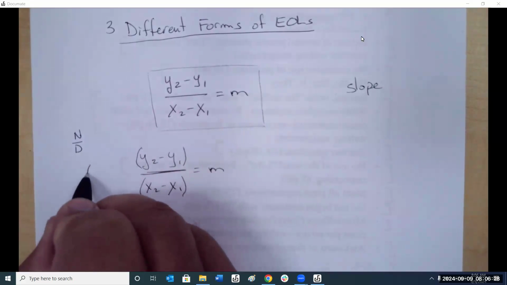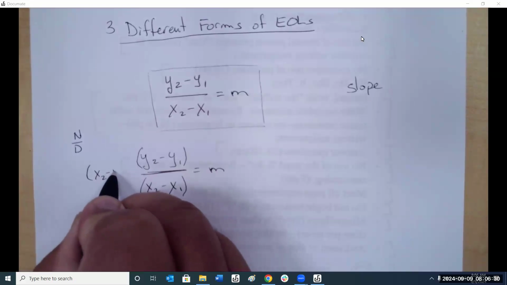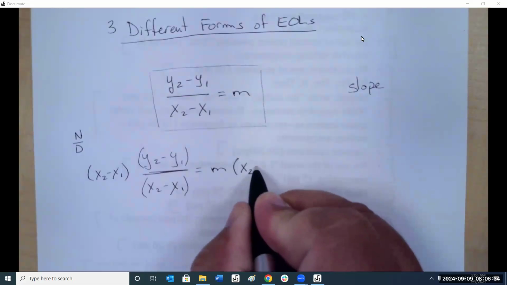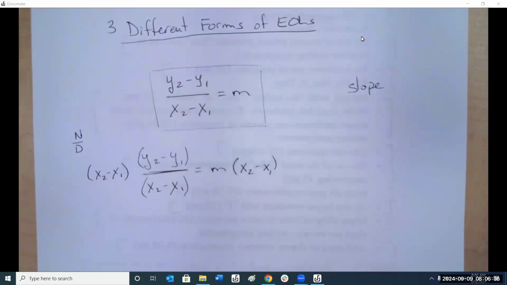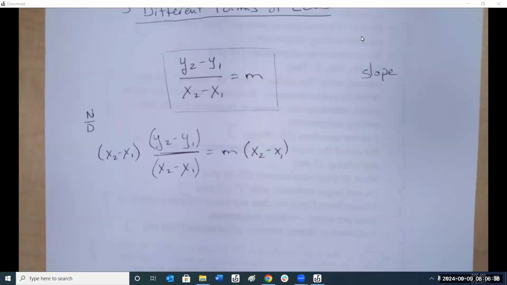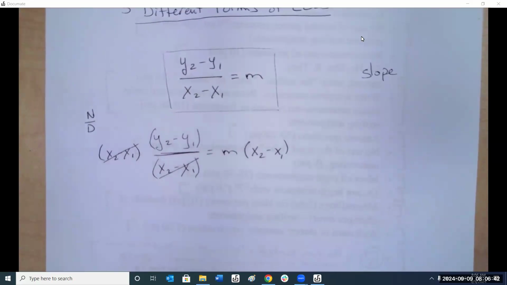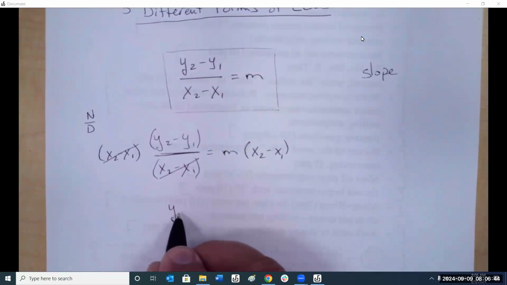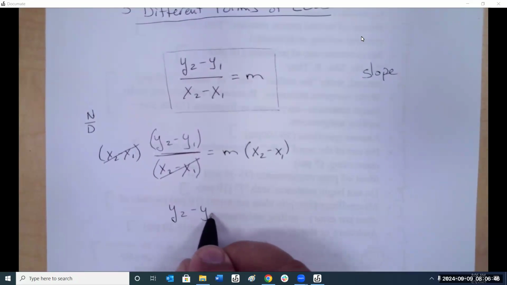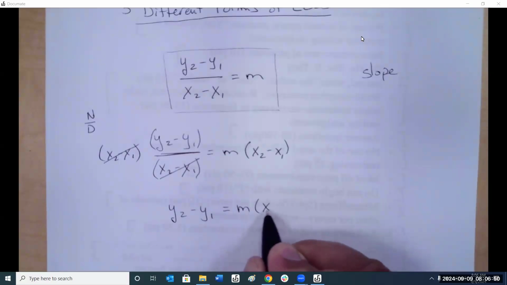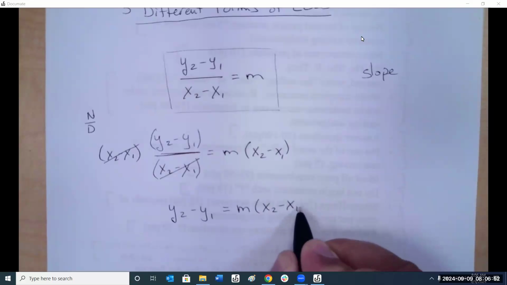So I've got to multiply both sides by the denominator to get rid of it. So this equation and that equation cancel, leaving me with this.